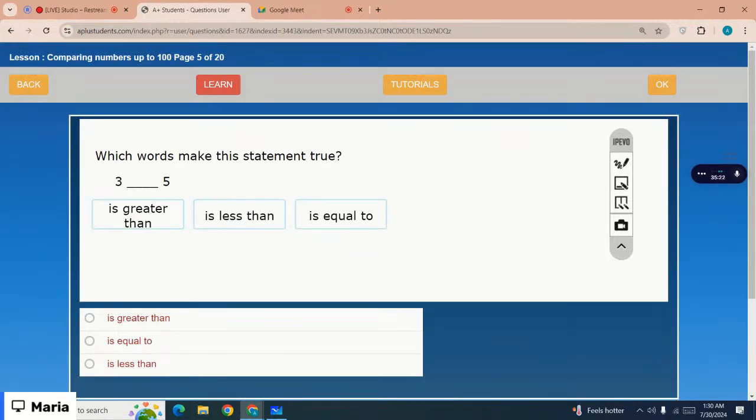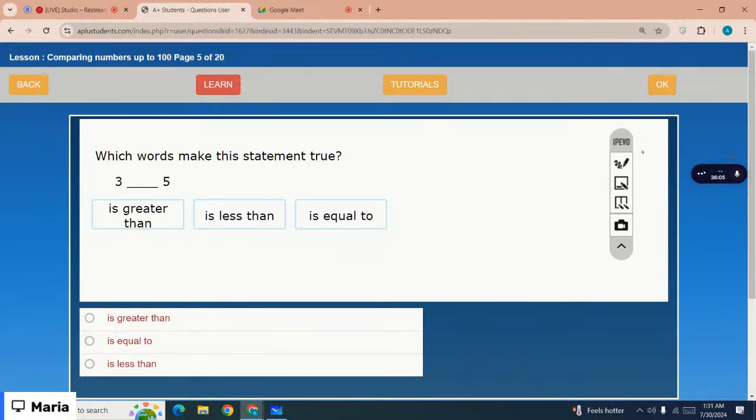Which words make the statement true? 3 and 5. Which is the correct option? Yes, 3 is less than 5.